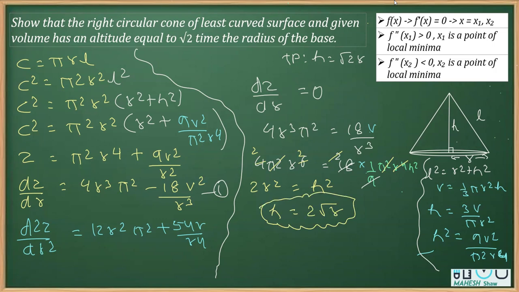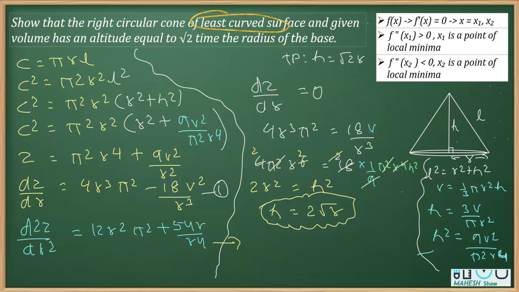But this is not the end of the sum, as we have to show that the double derivative at r is equal to this is what? Maxima or minima. We have to find the least surface area. That means we have to minimize. Minimize is what? We have to show this is greater than 0. So I'm doing this. I'm replacing r square over here.